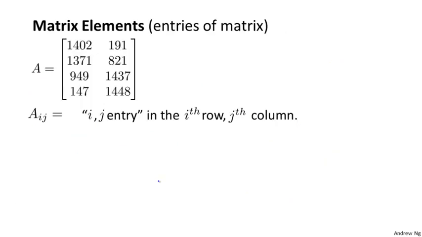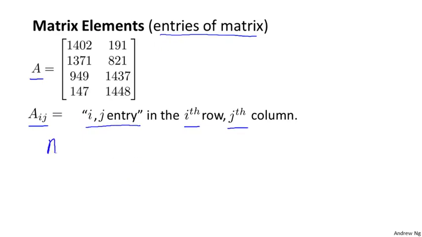Next, let's talk about how to refer to specific elements of the matrix. By matrix elements, I just mean the entries, or the numbers inside the matrix. So in the standard notation, if A is this matrix here, then A subscript ij refers to the i, j entry, meaning the entry in the ith row and the jth column.